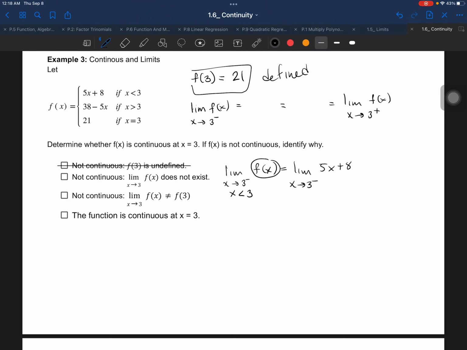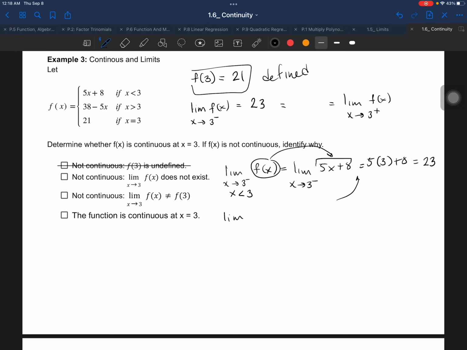So that's why it takes this value. Now we can do direct substitution: 5 times 3 plus 8, which gives us 15 plus 8, that's 23. So far, we learned that the limit of the function as x approaches 3 from the left side is 23.